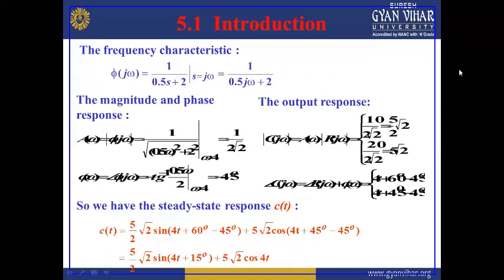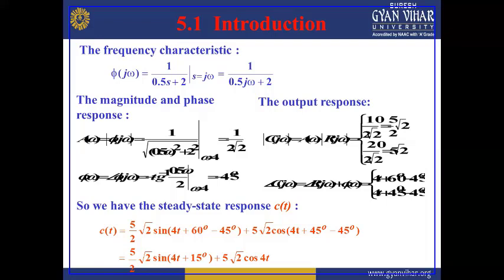Therefore, when I substitute s equal to jω for the frequency characteristics, I will be getting 1 upon 0.5jω plus 2. When I segregate the magnitude and the phase responses, I will be getting that the magnitude of the response is equal to 1 by 2 root 2, and the phase response is coming to be minus 45 degrees.